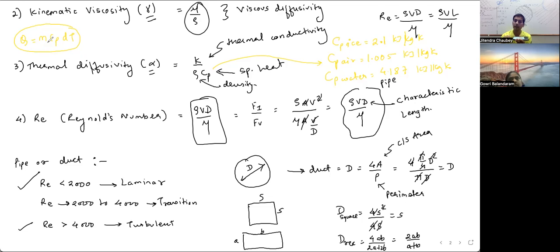But one very important thing comes into the picture: this value is mostly in joules or kilojoules, but the heat transfer rate is in joules per second. That is the rate of heat transfer.